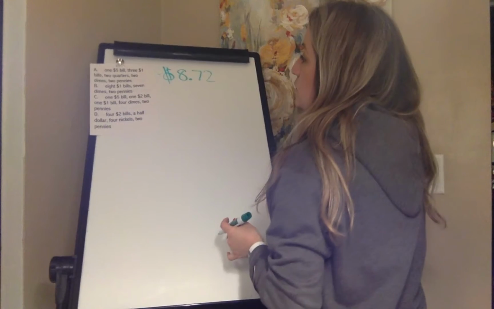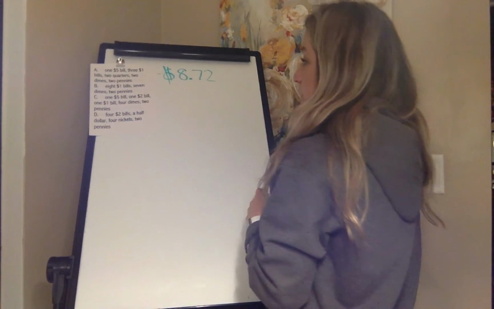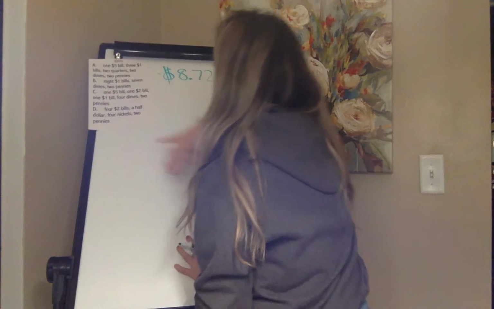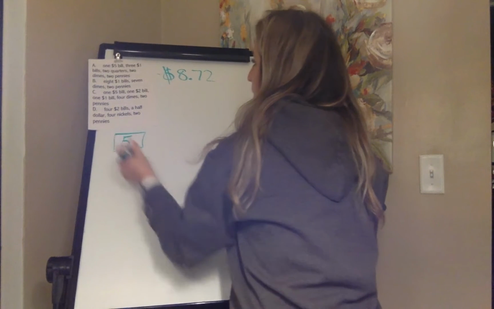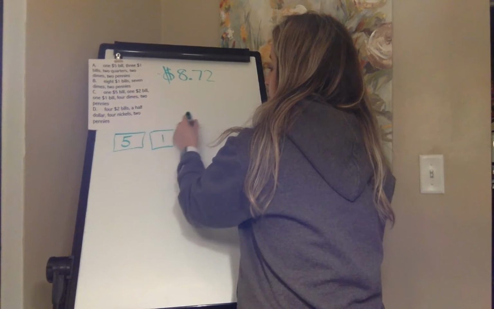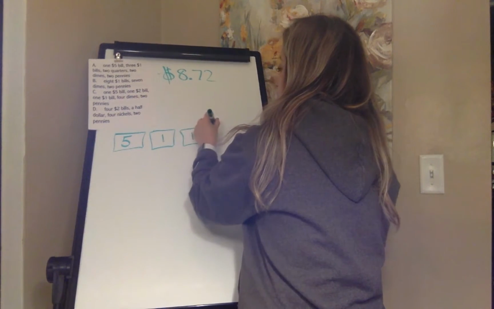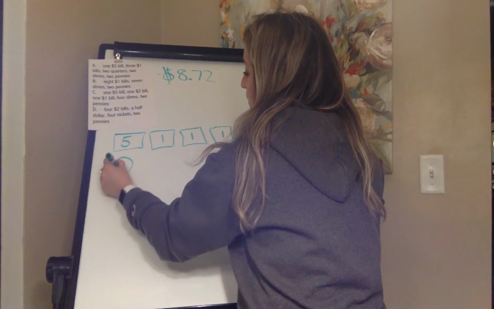All right, our first one says, I'm going to just read it nice and loud so that you guys can hear it. We have 1 $5 bill. We have 3 $1 bills. We have 2 quarters.